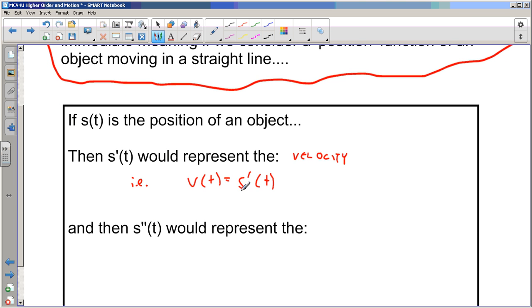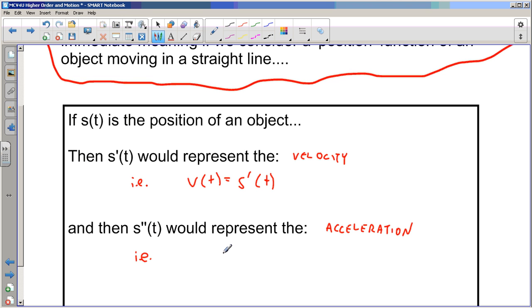Then notice the derivative of this, the derivative of the derivative, is the rate of change of the velocity. The change in velocity is whether you're speeding up or slowing down: the acceleration. Yes, I can hear you physics students groan. If you haven't taken physics, don't worry about it.